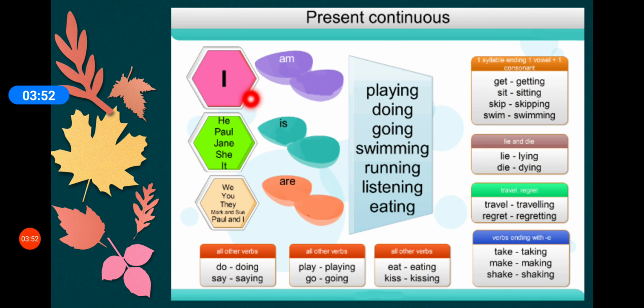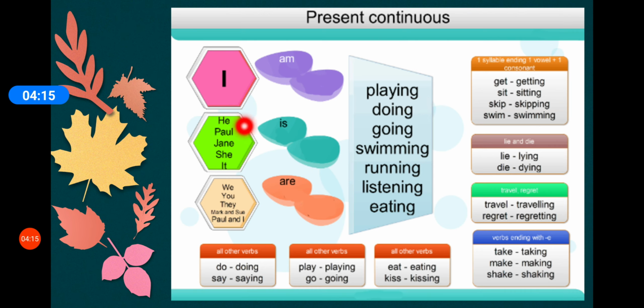If the subject of the sentence is I, then we make use of am. For example, I am playing. Right? With I, am is used and then we add ing to the verb.